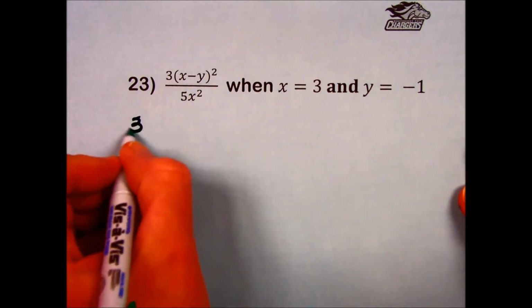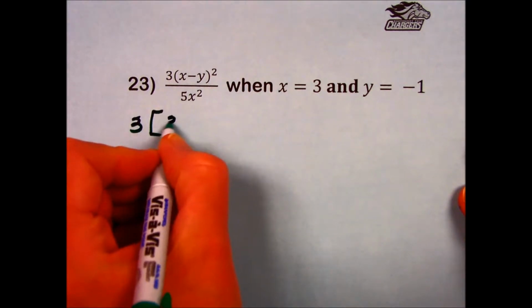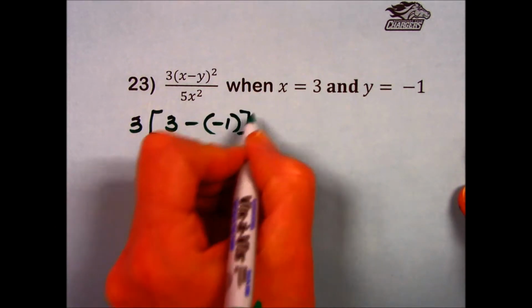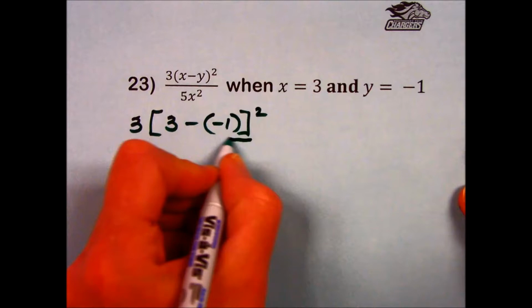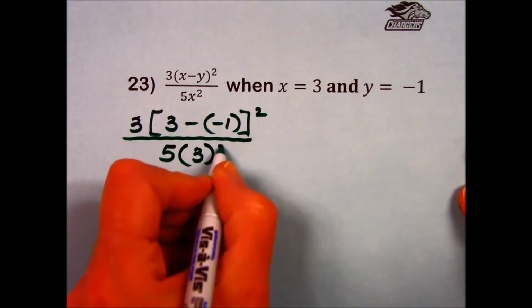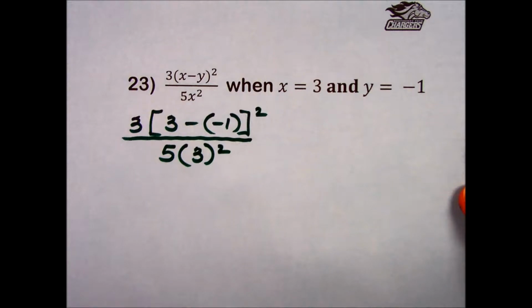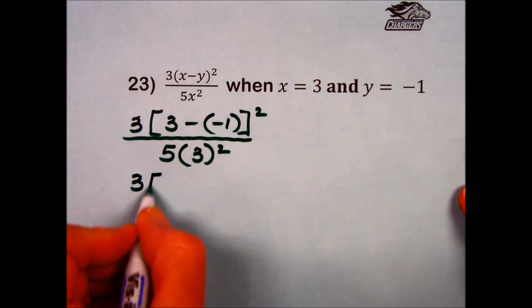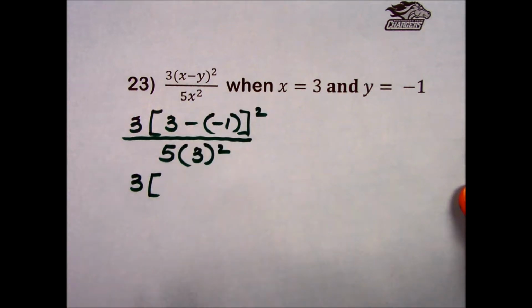So replacing the variables with the values indicated, x is replaced with a 3, y with a -1. Our priority is, as previously stated, inside the parentheses. We have a subtraction of signed numbers.